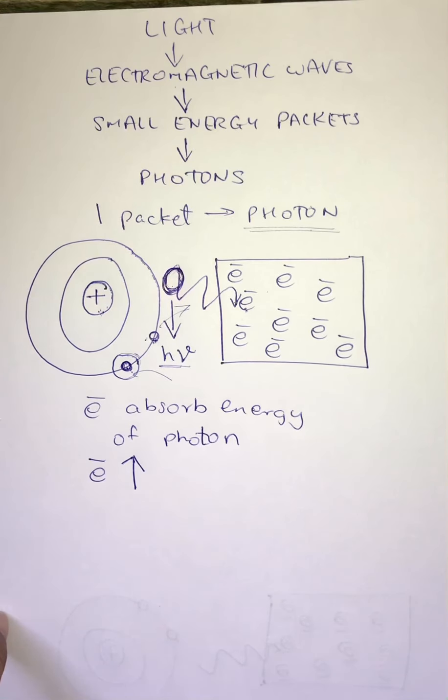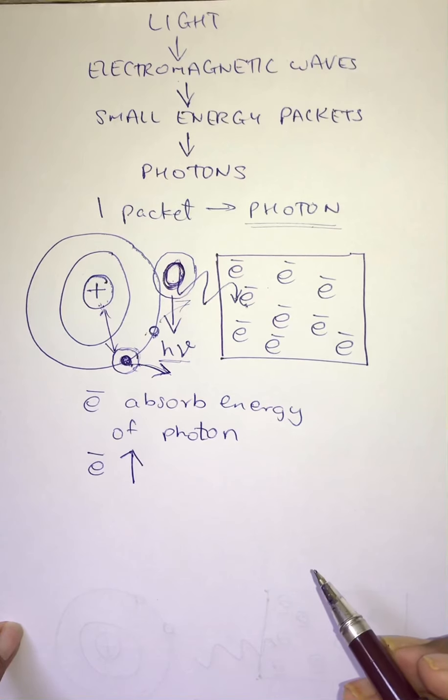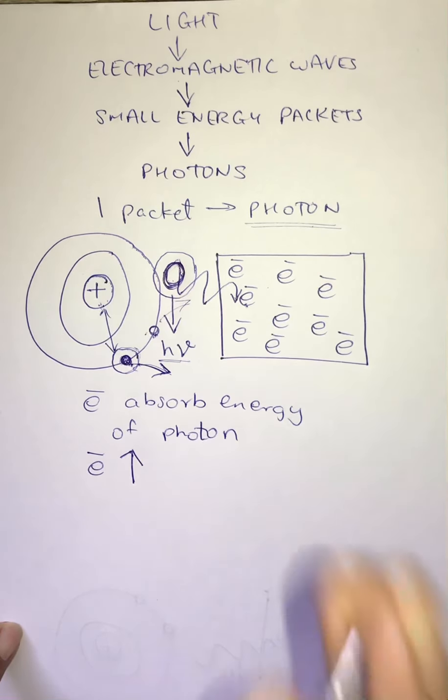Now there are certain conditions on this photon, which means that not every photon can help this electron to come out. What are those conditions? Let's understand.